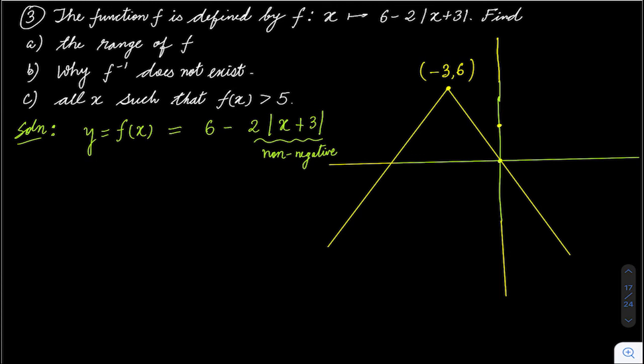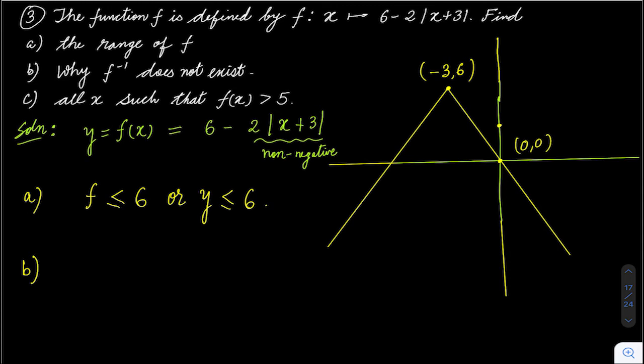So this point is (0, 0). Anyways, so the first part is pretty clear now. My range of f: my f value is less than or equal to 6, or you can say that my y is less than or equal to 6. That's my answer.